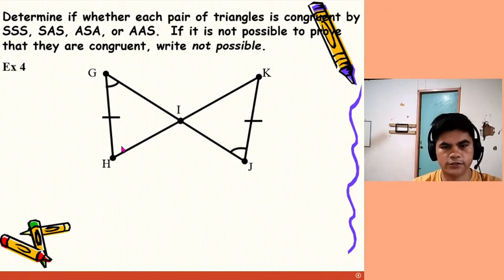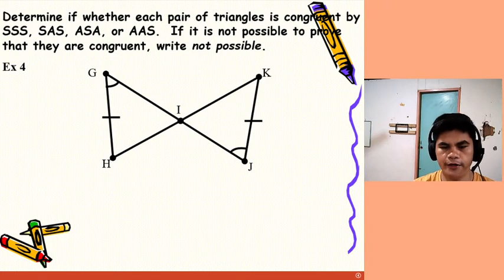But what is the closest reason in which we can say that they are congruent?